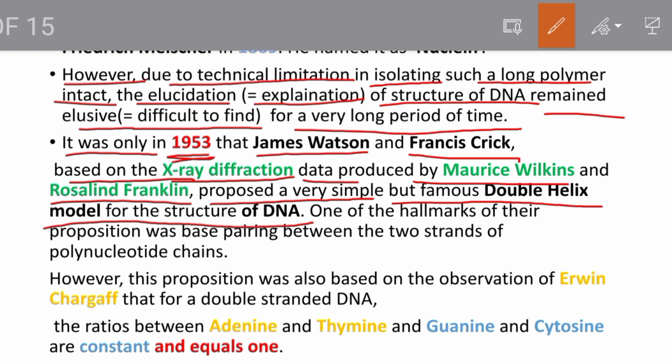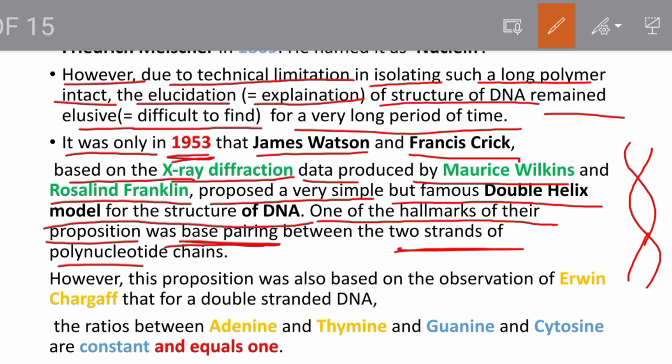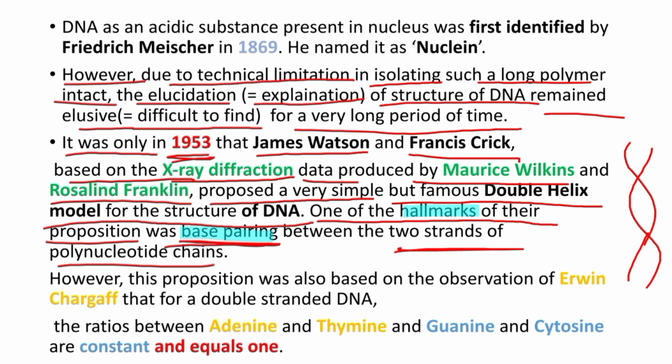So the famous double helix model that you see of DNA today was proposed by James Watson and Francis Crick. So it is called as Watson and Crick model of DNA. One of the hallmarks of their proposition was base pairing between two strands of polynucleotide chains. The hallmark was base pairing between the two strands of polynucleotide chain.